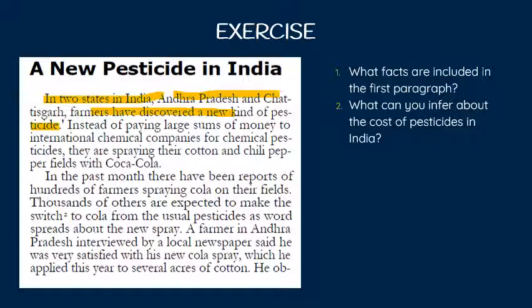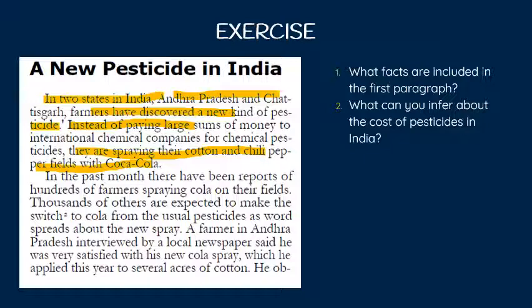We can find the evidence that the farmers in India have discovered a new kind of pesticide. Okay, and also this one, instead of paying large sum of money to international chemical companies for chemical pesticide, they are spraying their cotton and chili peppers fields with Coca-Cola. This one is also fact because we can observe the action.